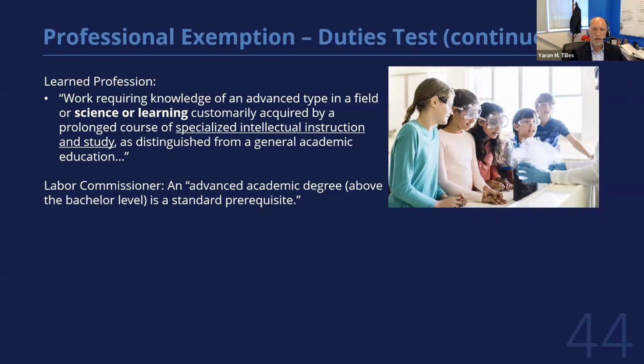Labor Commissioner has noted that an advanced academic degree above the bachelor level is a standard prerequisite. For example, the Ninth Circuit Court of Appeals found that an unlicensed accountant could still be classified as exempt if they met the various requirements for a learned professional.